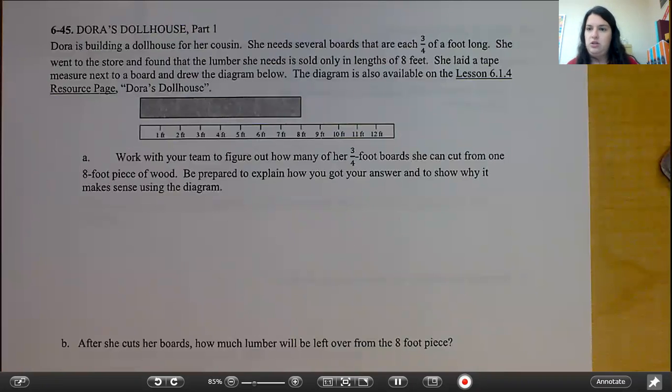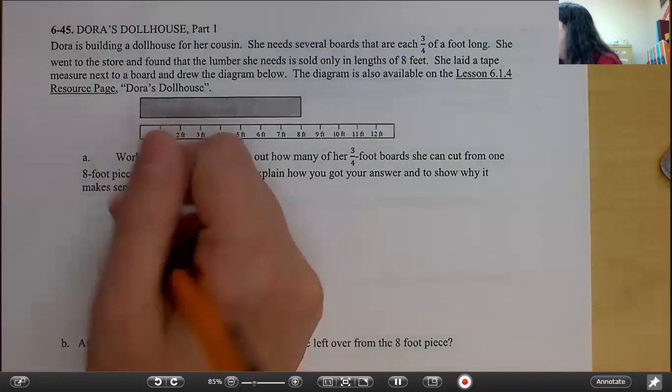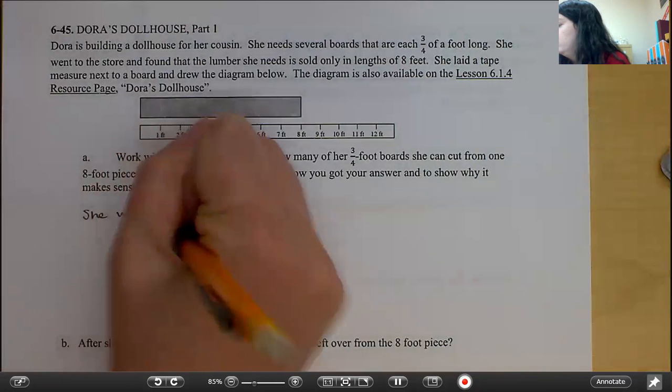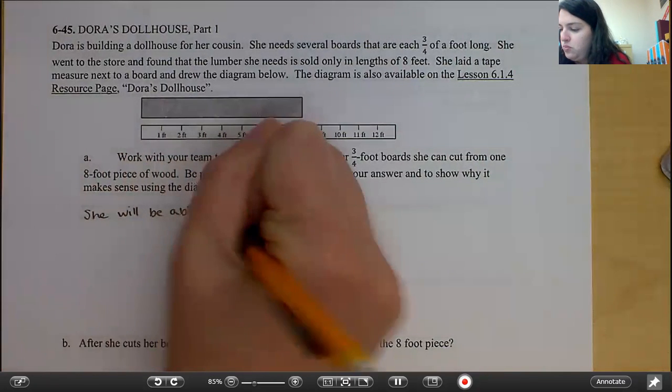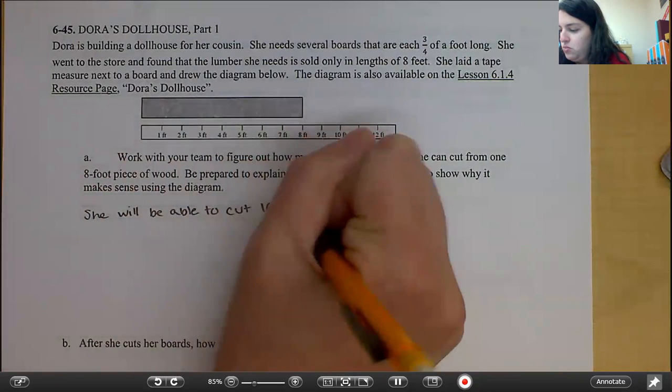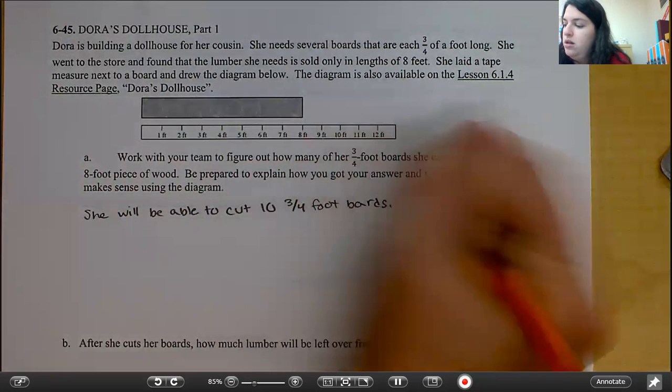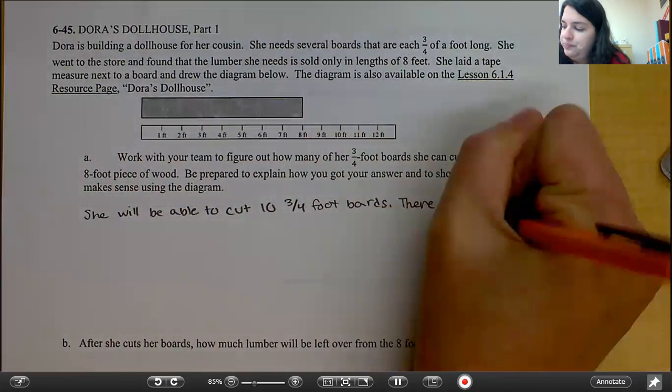So go ahead and pause the video and answer part A. So if you're back with me, you've answered part A. She will be able to cut 10 boards, and there will be some lumber left over.